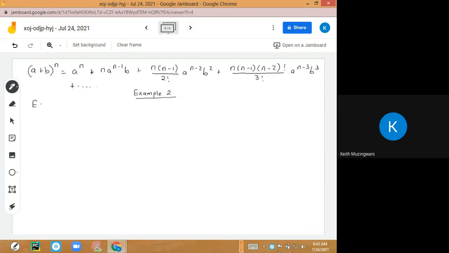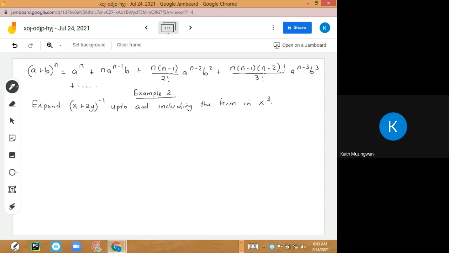So expand (x + 2y) to the power negative 1 up to and including the term in x to the power 3. So it means that we must expand all the way up to x to the power 3.